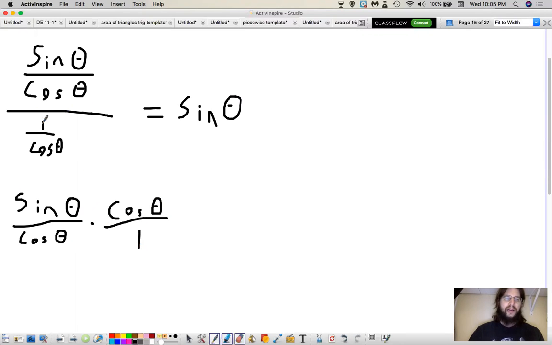When we divide by a fraction, we multiply by its reciprocal. Okay. Again, we're going to cancel these cosines out, but I'm not going to mark it in my proof. If we need to do scratch work, we can do it on the side. In the proof, we just have our statements. That's equal to sine of theta, supposedly.